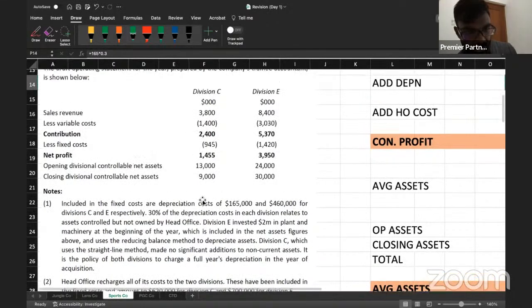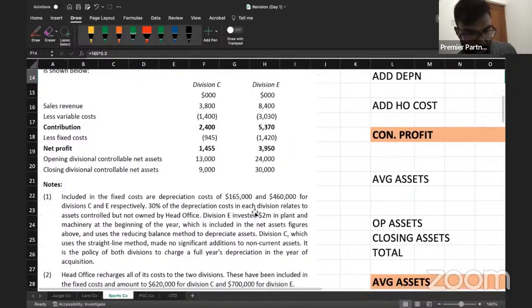Add depreciation. 30% of depreciation cost in each division included in fixed costs are depreciation costs, right? 30% of the depreciation relates to assets controlled but not owned. Oh gosh. Oh my God, people. 30%, I think I read this wrong, no?